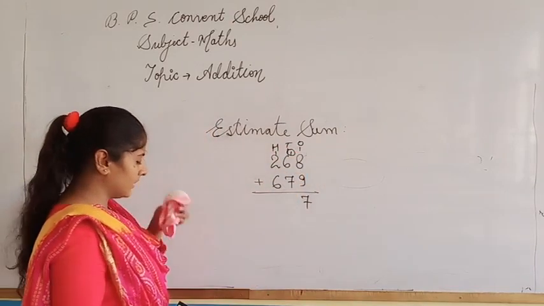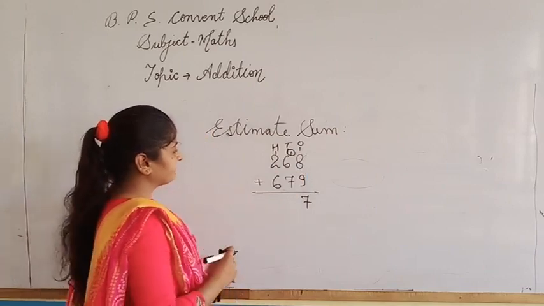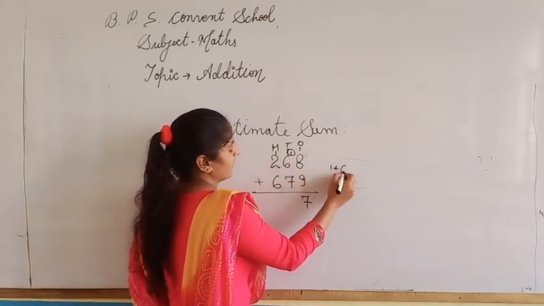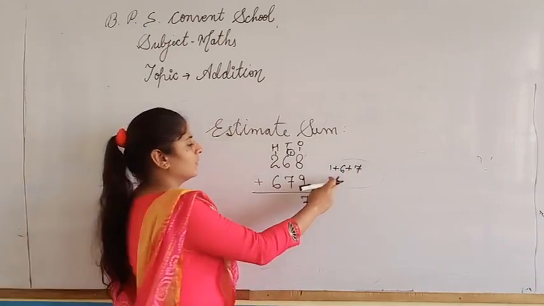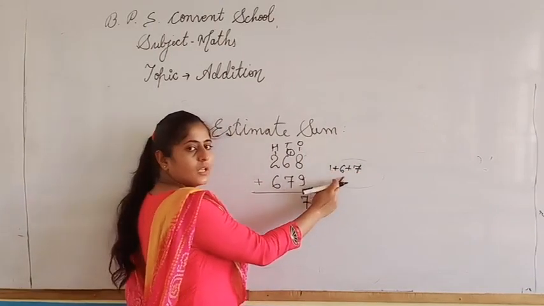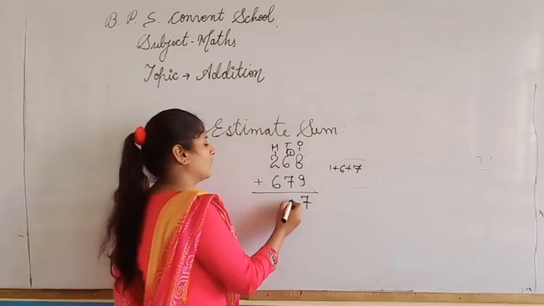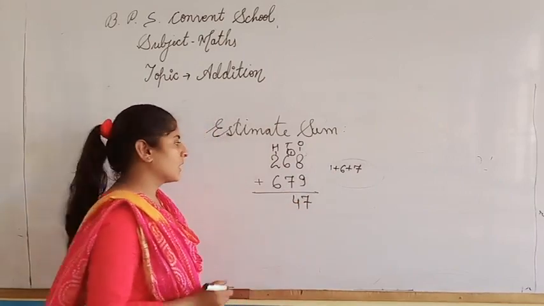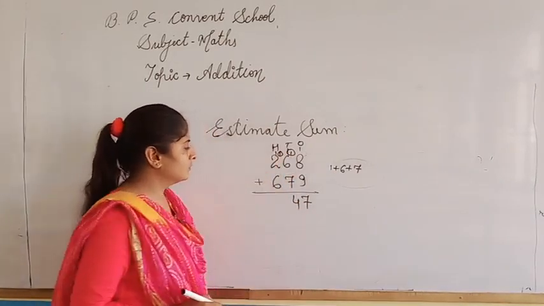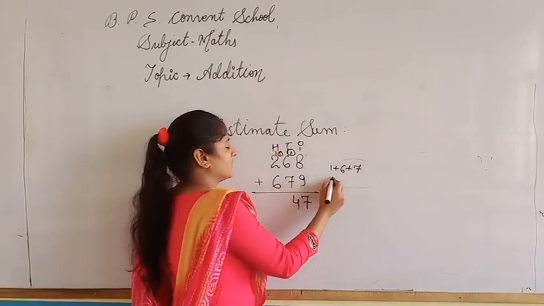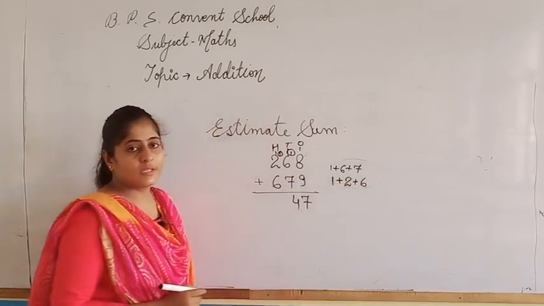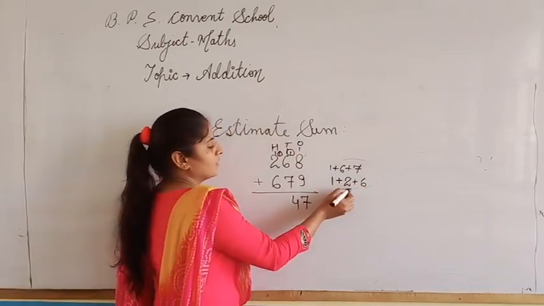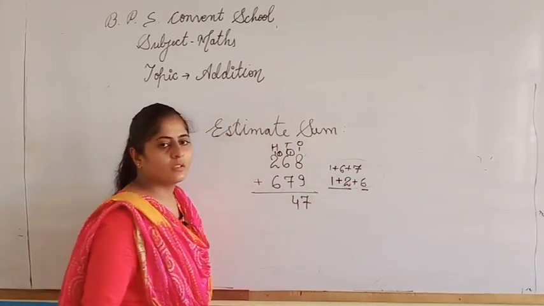Carry over the 6. 1 plus 6 plus 7. 1 plus 6, 7. 7 plus 7, 14. Carry over 2. Plus 2 plus 6. 3 and 6, 9.